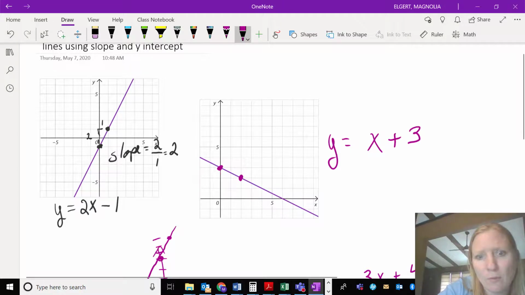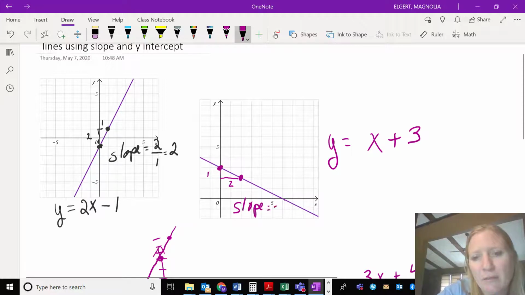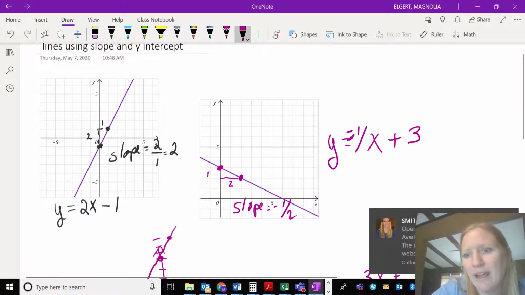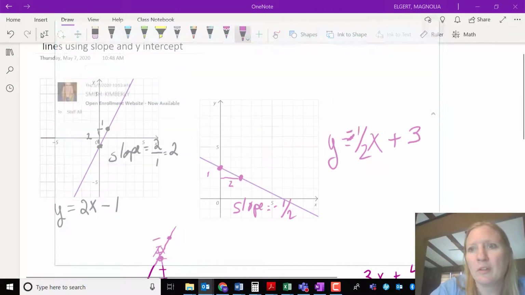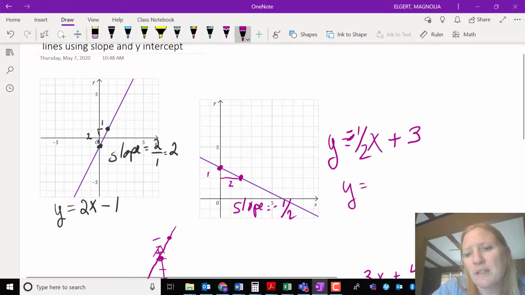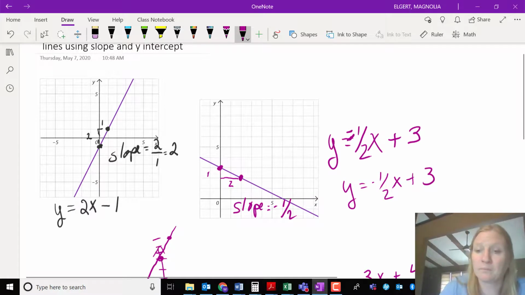It went down 1, and it went over 2. So my slope would be -1/2. You can't see that negative there. -1/2, like that. So my equation would be y equals -1/2 x plus 3.